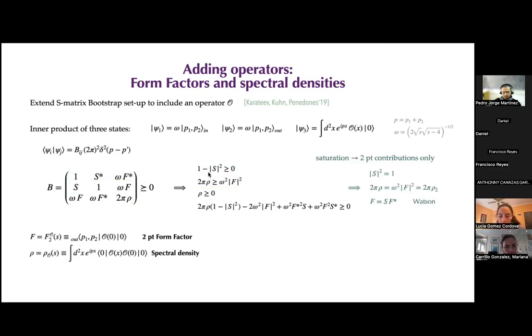So what happens if things are saturated here, as we were seeing saturation of unitarity when we're doing just S-matrix bootstrap? What you get is that all these observables are saturated by their two-particle contributions. So again, this 2-2 S-matrix element saturates unitarity, so it's equal to 1 for physical values of the energy. All of this is for S physical.